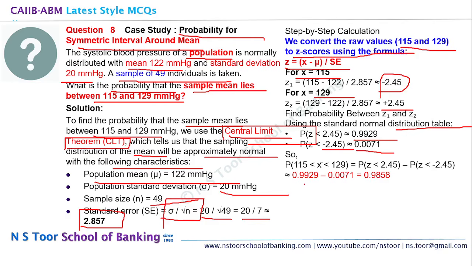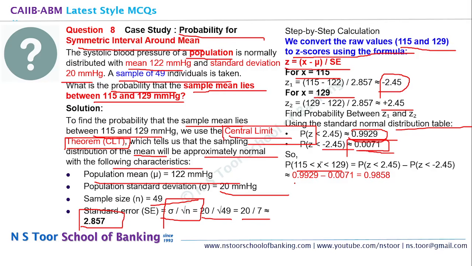So we have to find out the probability. We got the probability at Z less than 2.45 as 0.9929, and the probability at Z less than minus 2.45 as 0.0071. To find the interval probability between 115 and 129, we have to deduct 0.0071 from 0.9929.